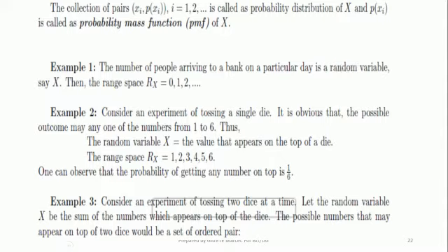So the people will come randomly. You can't say at 9:30 two people will come, at 9:31 another person will come. We don't know. That is why we call this a random variable, because it will hold any value taken randomly. So the range space Rx will take the values 0, 1, 2 till n.